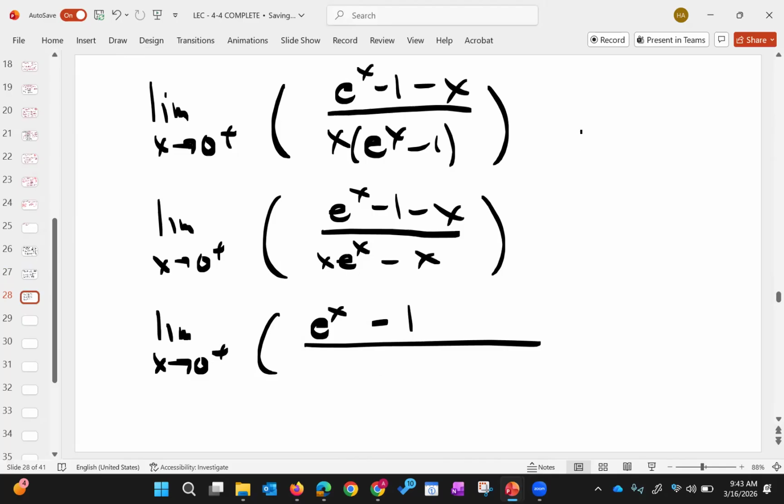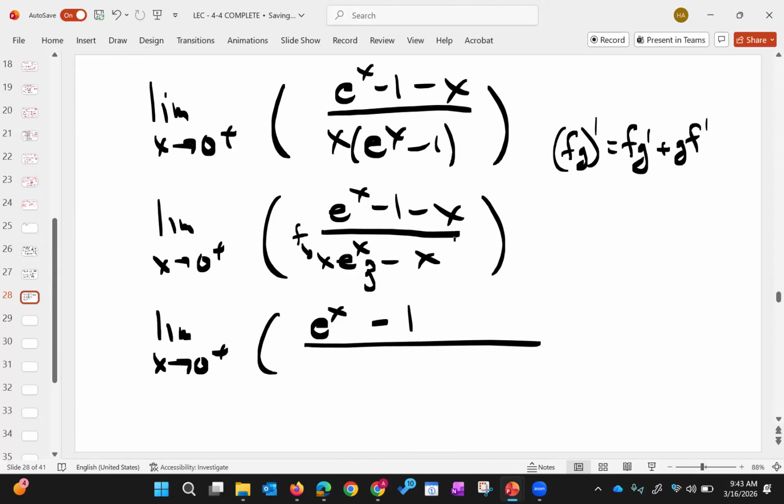So the product rule is, anybody write down from the book? f g prime plus g f prime. Why did I write it backwards? I don't know, but let's go with it. This is my f function, this is my g function.